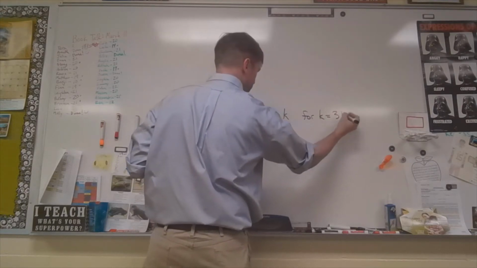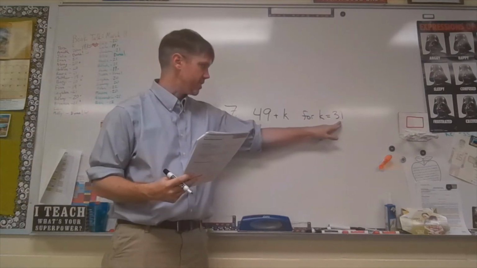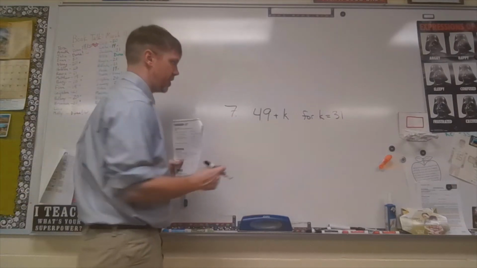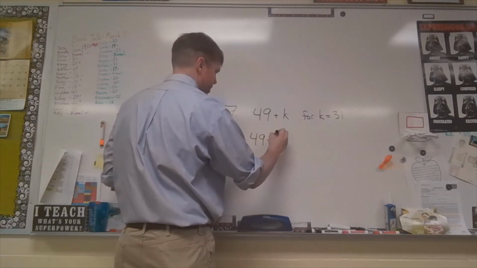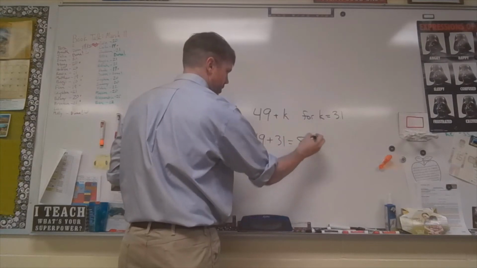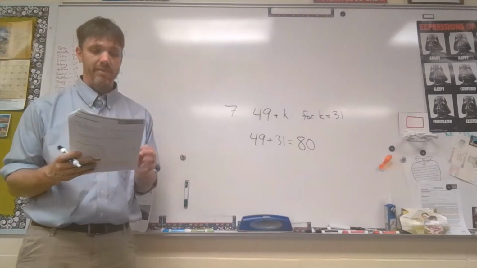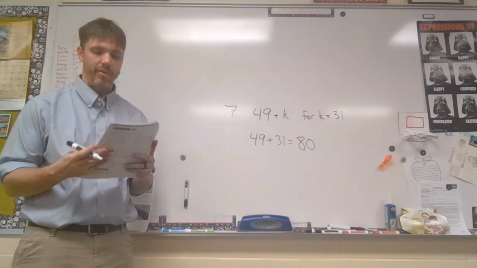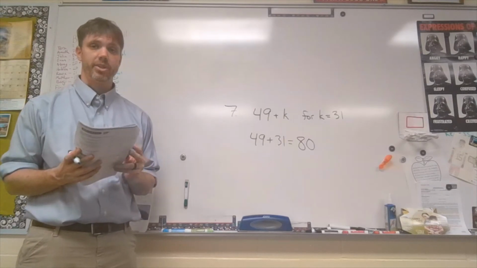Okay, so again, K is equal to this number, which means that 49 plus K is 49 plus 31. And if you solve that, that's going to equal 80. And it is just that simple. So this is a very, very easy lesson. Do not be intimidated by the word algebra. It is not as scary as you have built it up in your head to think.